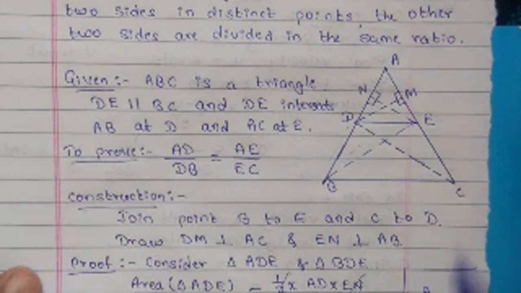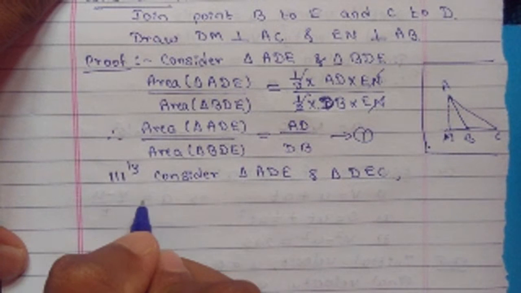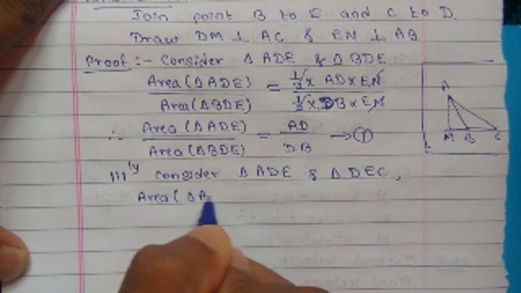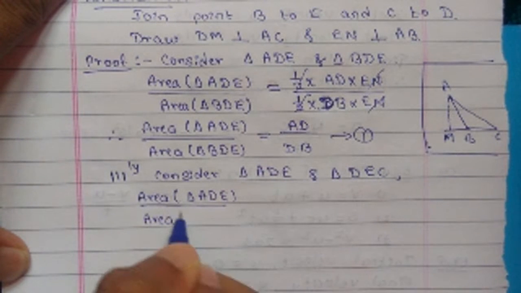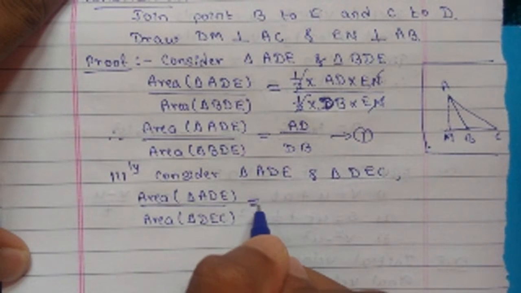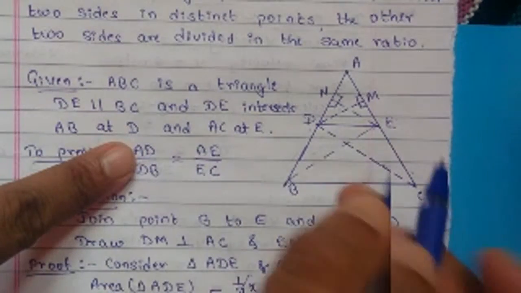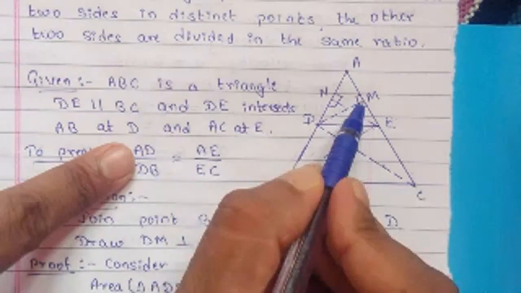Okay, so therefore this theorem becomes this part: area of triangle ADE divided by area of triangle DEC is equal to half into base. Base is now the right hand side AE, and height is DM.